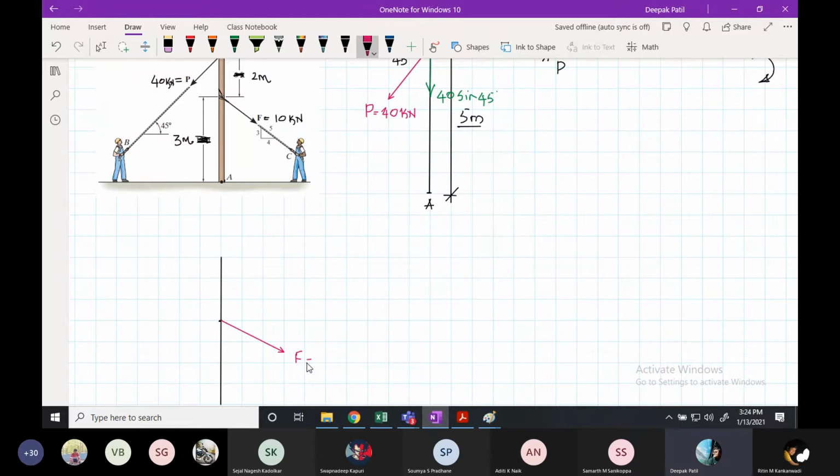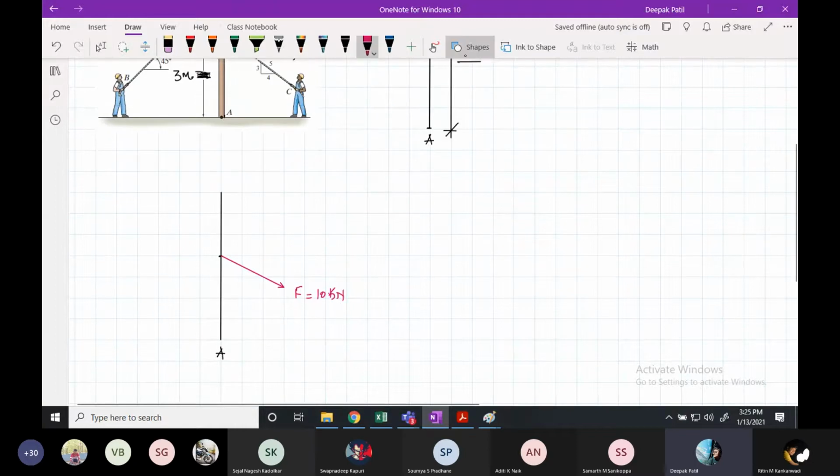F is equal to 10 kilonewtons, and this distance, from here up to here, is 3 meters. Okay, now let me resolve.